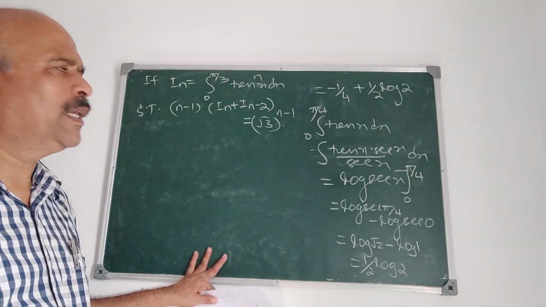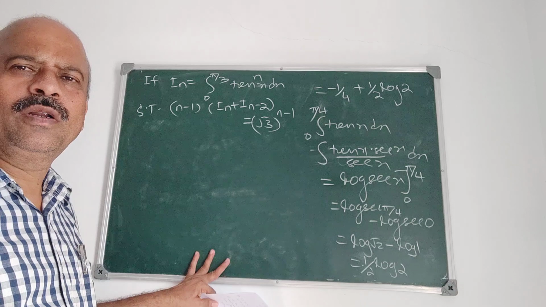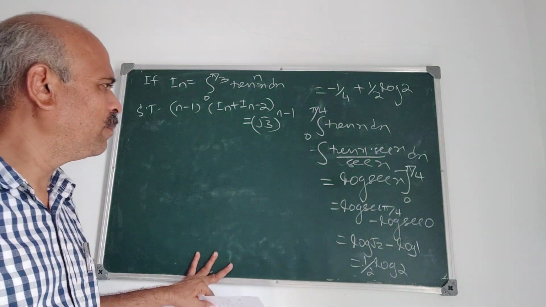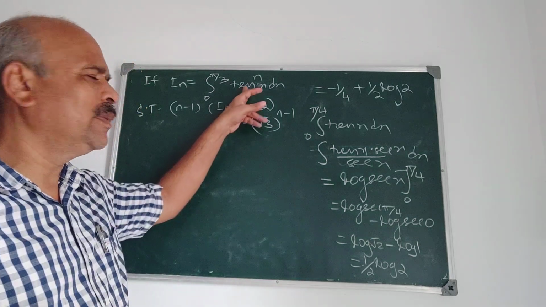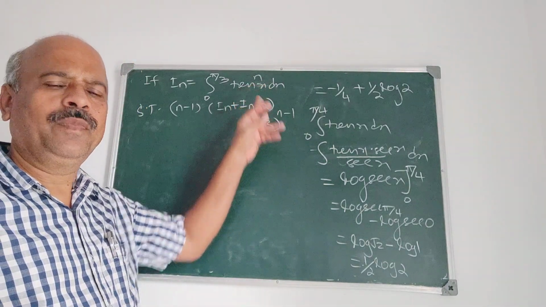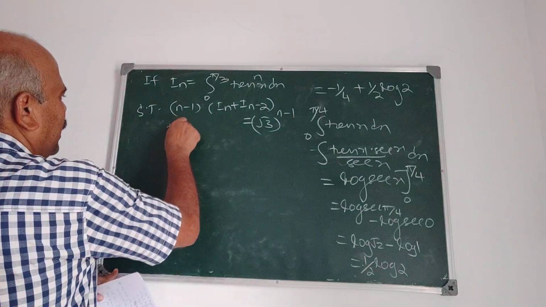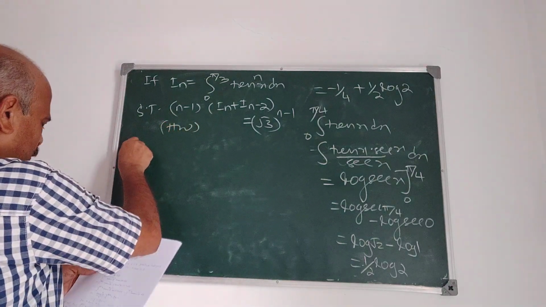Instead of 0 to pi by 4, we have 0 to pi by 3. So it is exactly similar to the above problem. I leave this as an exercise. Next problem.